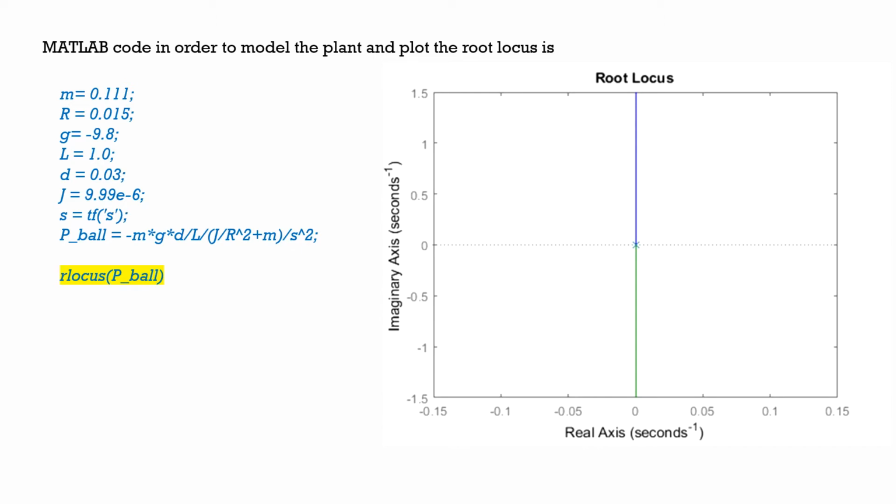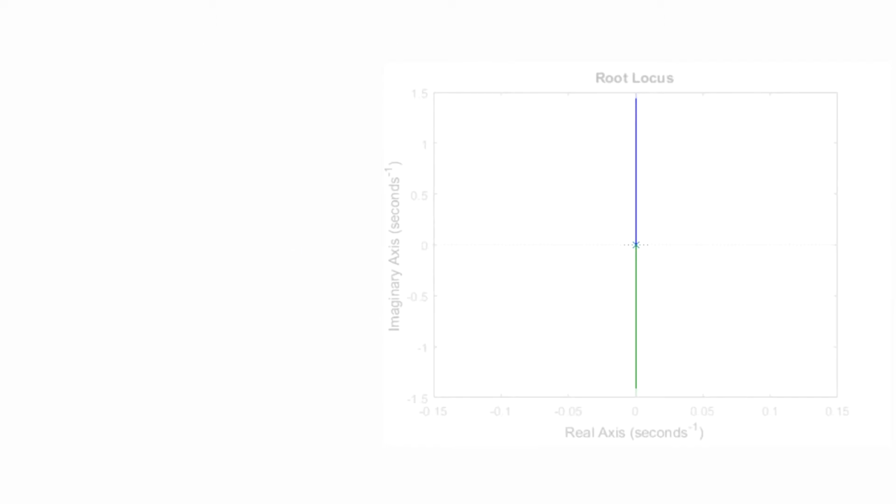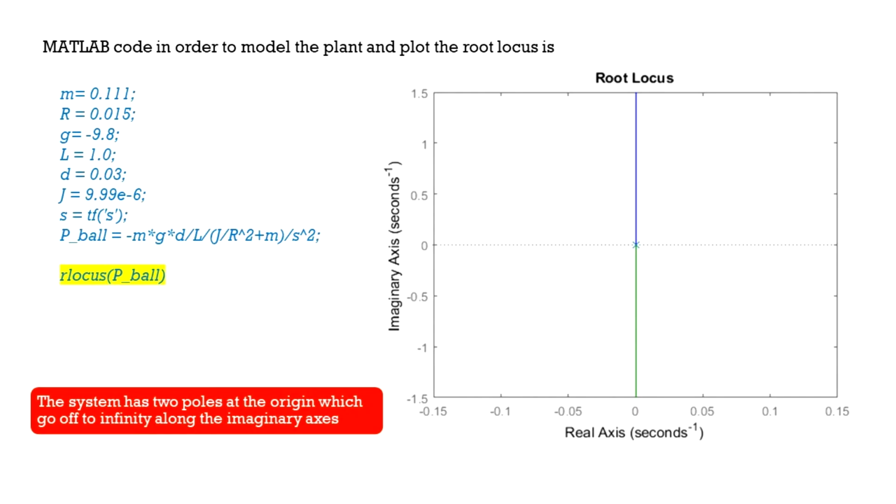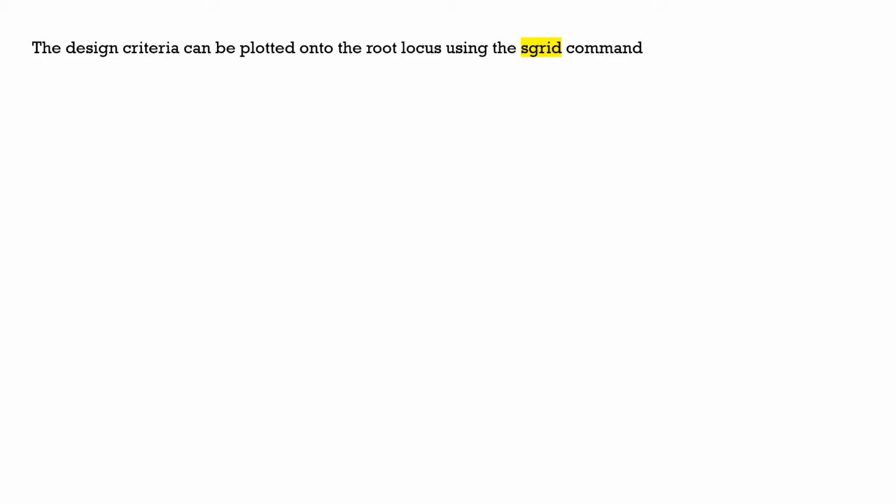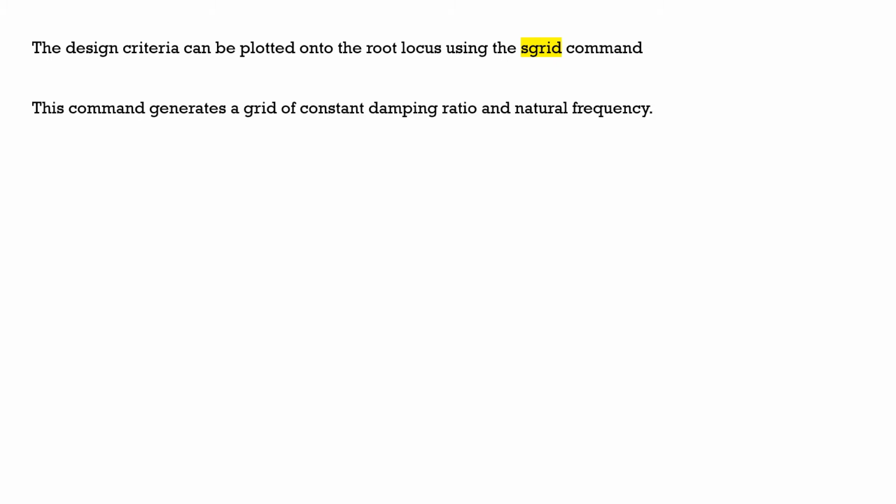We can see that this system has two poles at the origin which go off to infinity along the imaginary axis. The design criteria can also be plotted onto the root locus using the sgrid command. This command generates a grid of constant damping ratio and natural frequency.